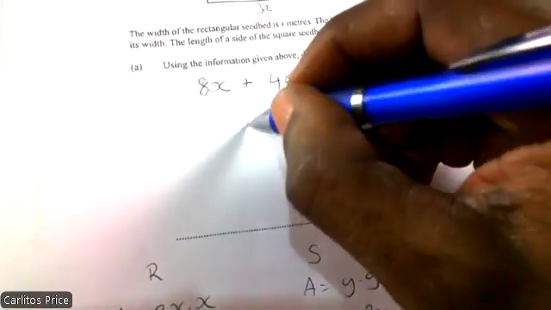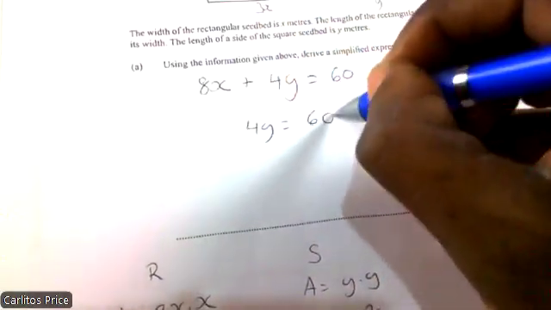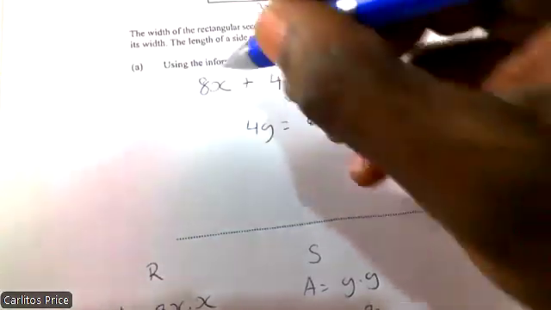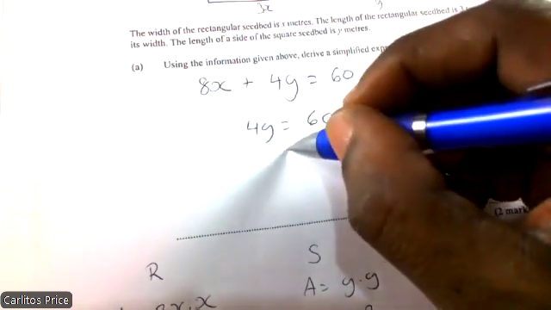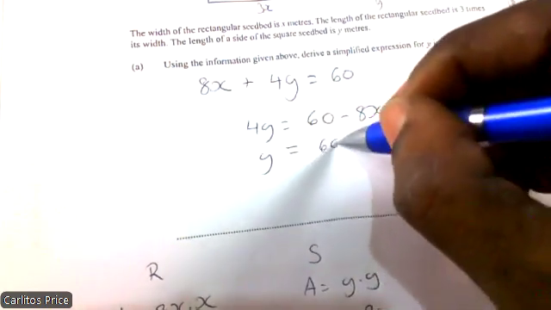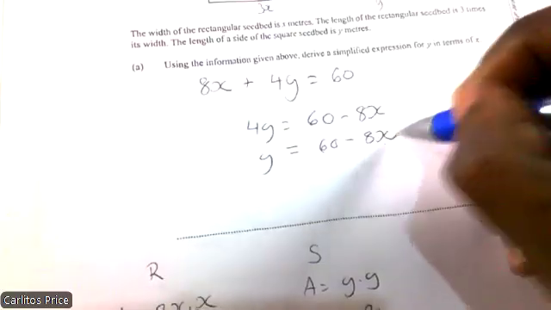So let's find out what y would be in terms of x. 4y is equal to 60 take away 8x. I just move the 8x to that side, it becomes a subtraction. And then y would be equal to 60 take away 8x, all over 4.